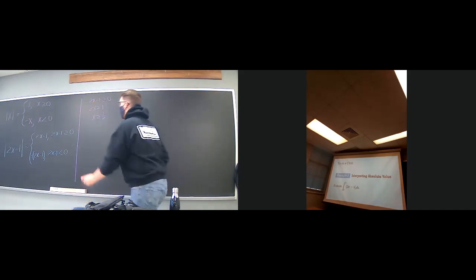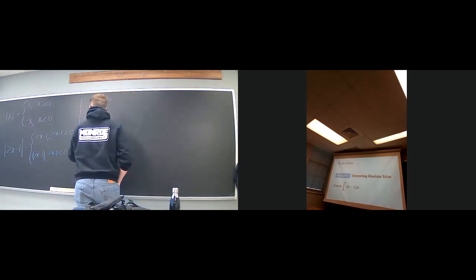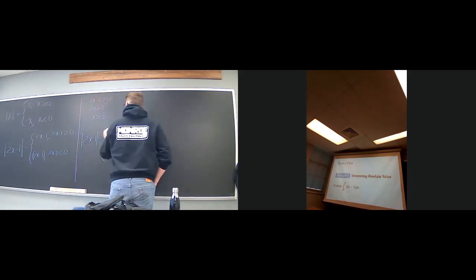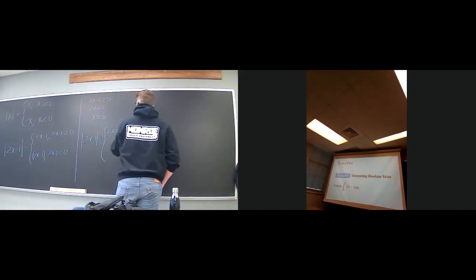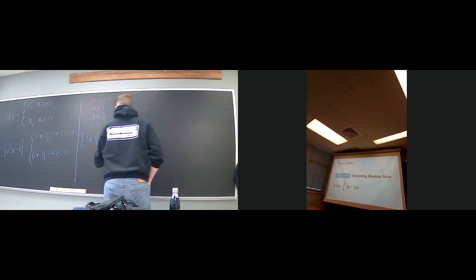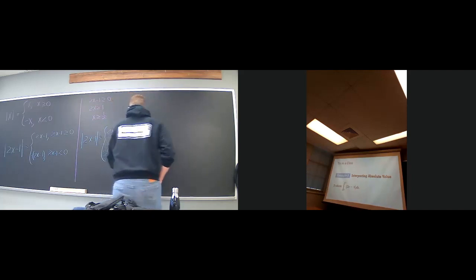So we can rewrite again to find that this thing is equal to 2x minus 1 whenever x is greater than or equal to 1/2, negative 2x minus 1 whenever x is less than 1/2.